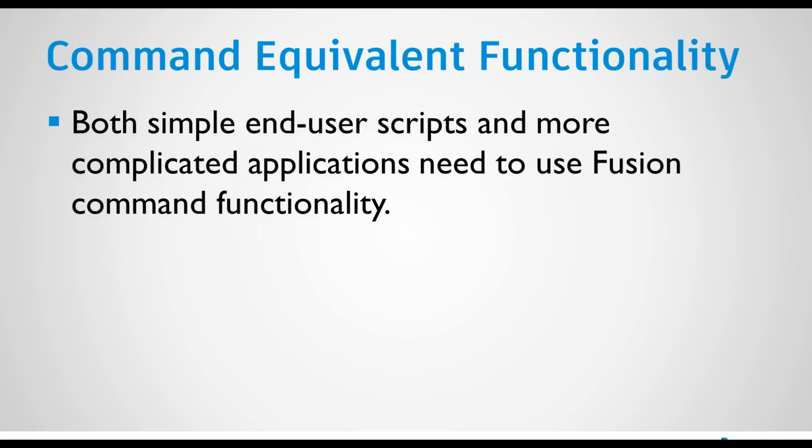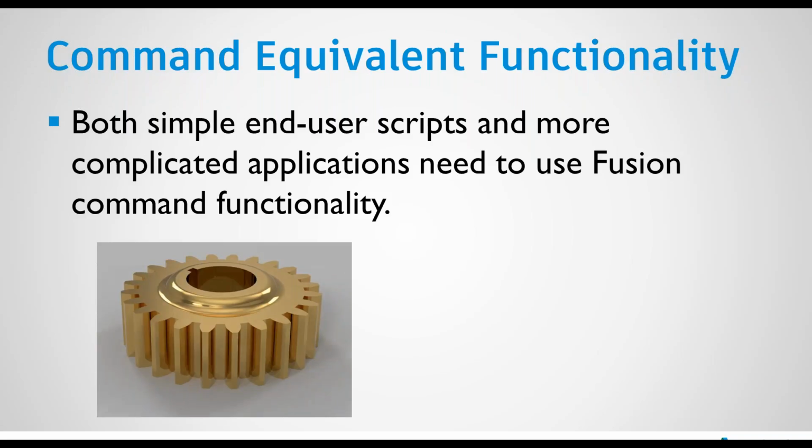So just to get started on what the API supports, a big part of that for both simple and these more complicated applications is you need to be able to just drive Fusion. So you want to do the same kind of things that the end user would do, but automate that. Here's an example.